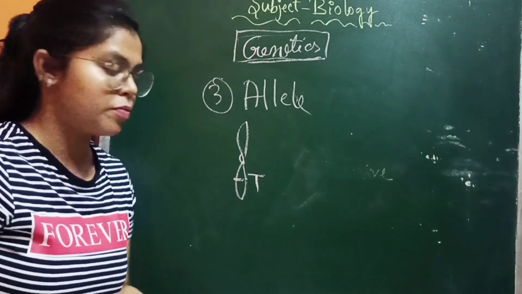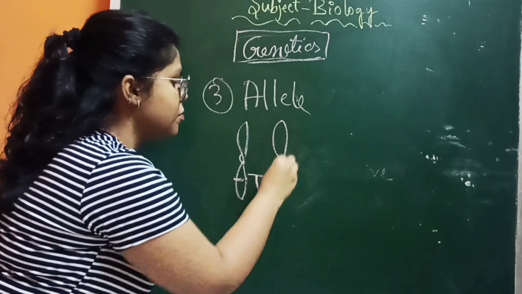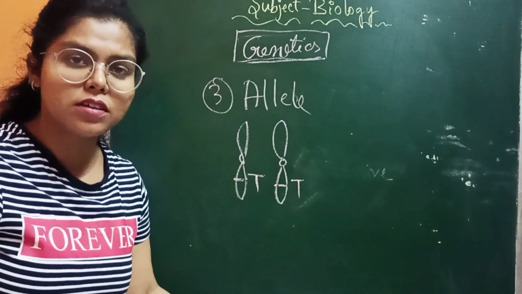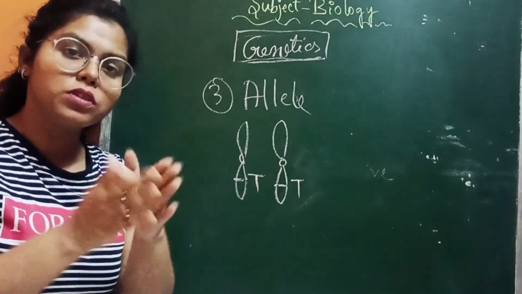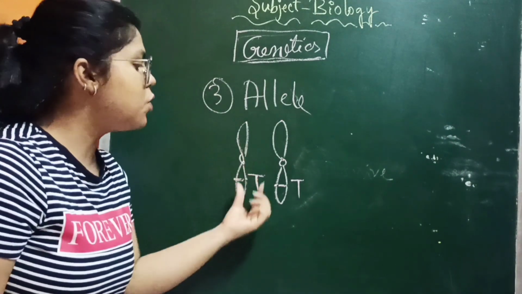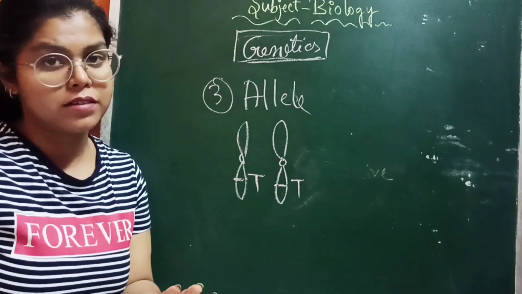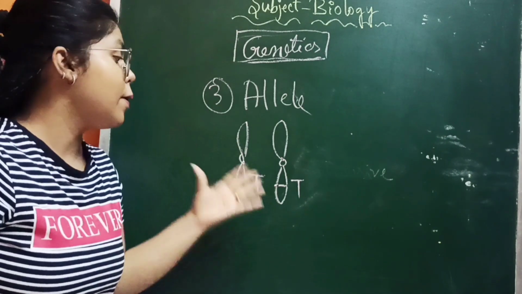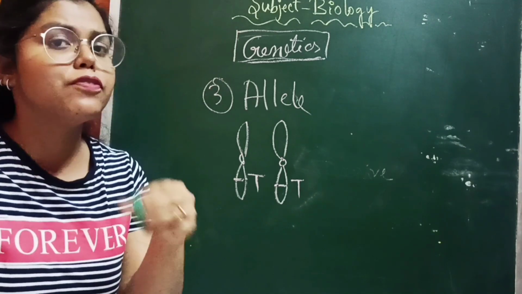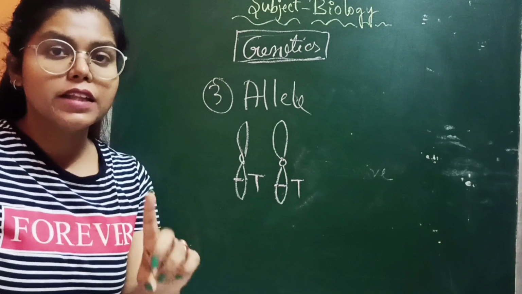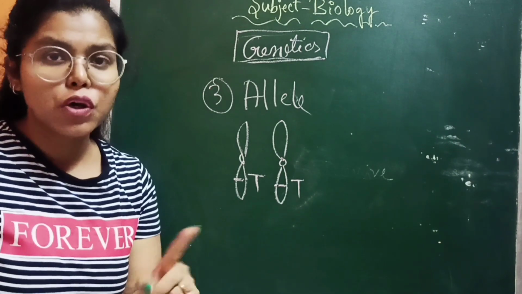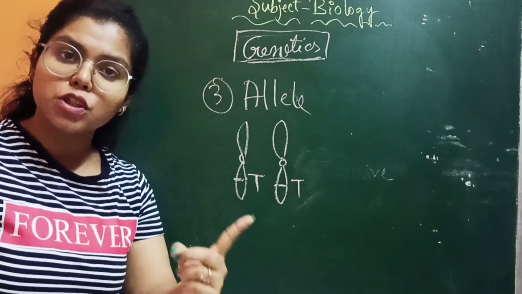In the other homologous chromosome, the T gene is also present, because I have already discussed that the position of the gene is similar in both chromosomes. So here are two alternative forms of a gene. If a particular gene is responsible for the height of the plant, then there are two alternative or opposite forms. What are they? One is tall, another one is dwarf.